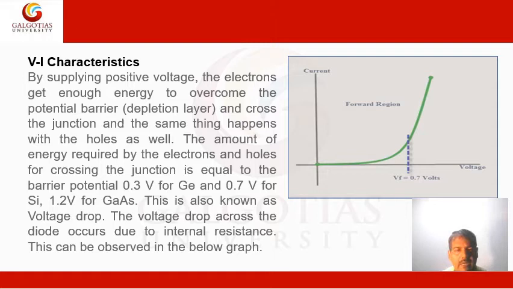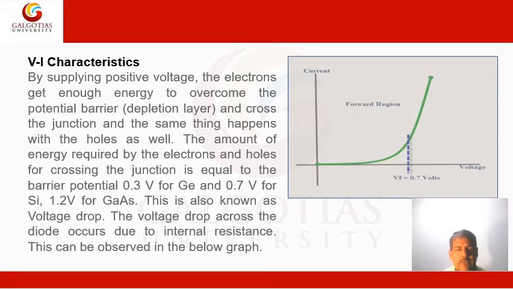The amount of energy required by the electrons and holes for crossing the junction is equal to the barrier potential: 0.3 volt for germanium, 0.7 volt for silicon, and 1.2 volt for gallium arsenide. This is also known as voltage drop. The voltage drop across the diode occurs due to internal resistance.